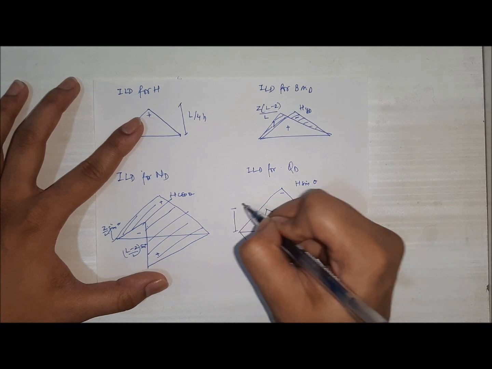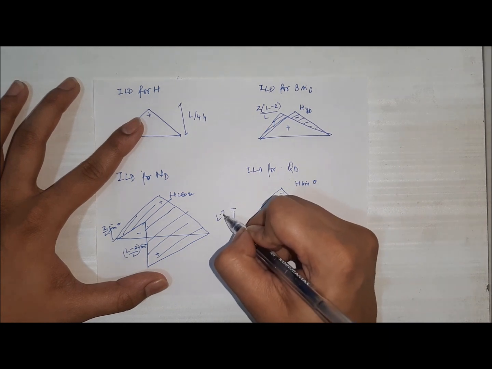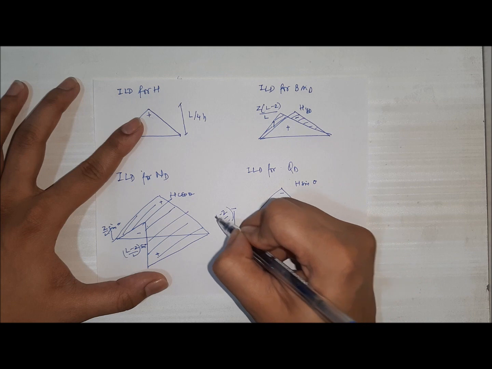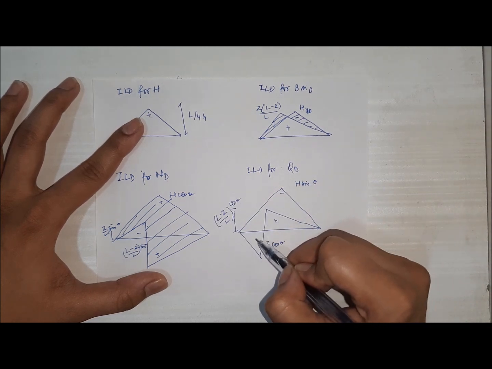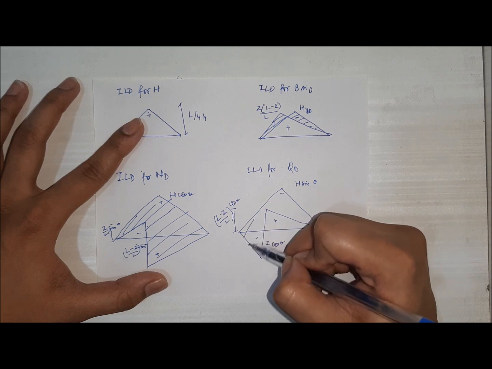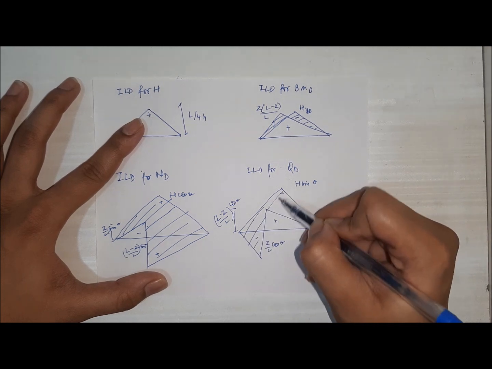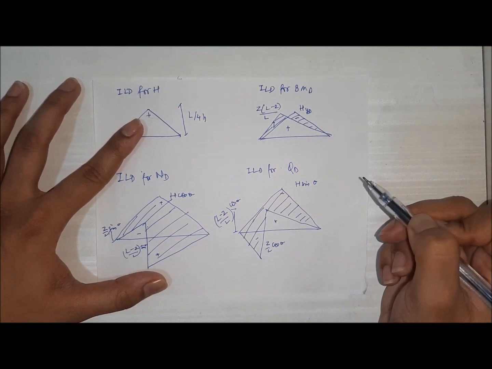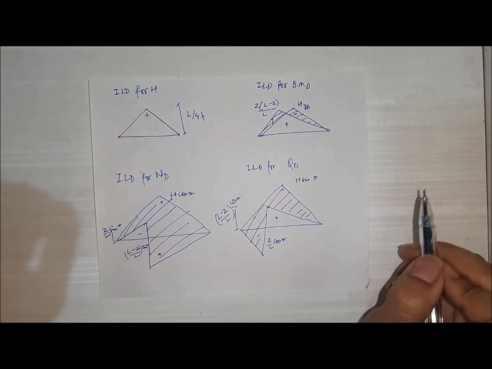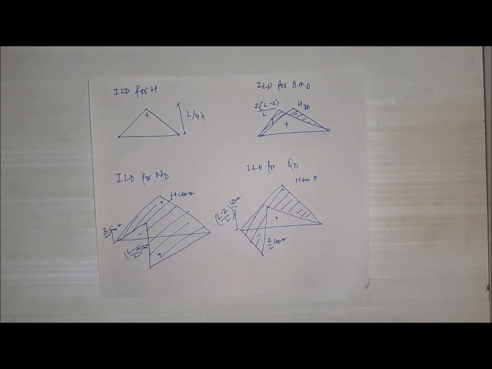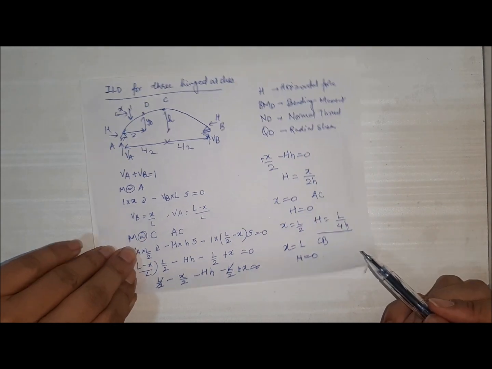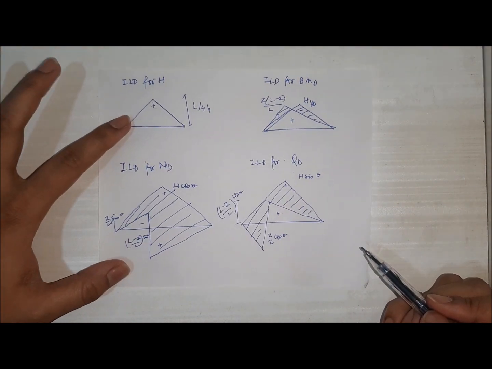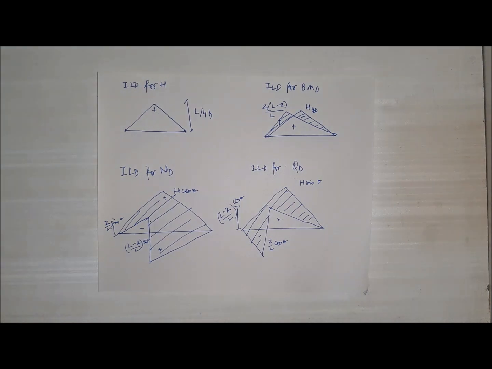This particular height is L minus Z by L cos theta. This part is positive, this part is negative. So the hatched portion over here gives us the ILD for radial shear at point D. Right? This was the hinge. We were required to find the ILDs for these 4 cases, and these are the final values for the ILDs. Thank you.